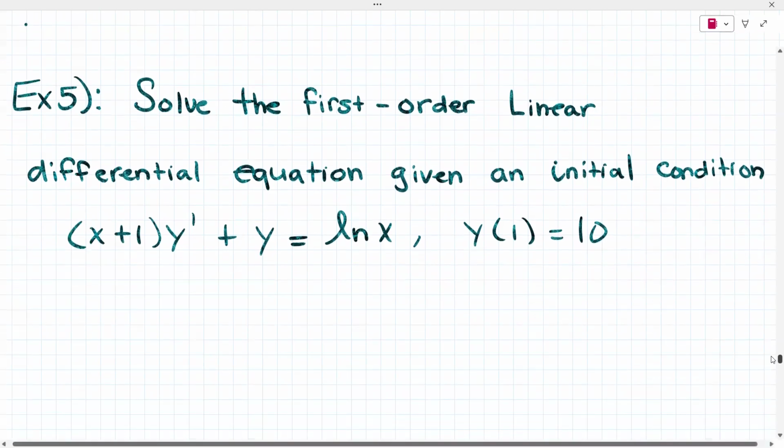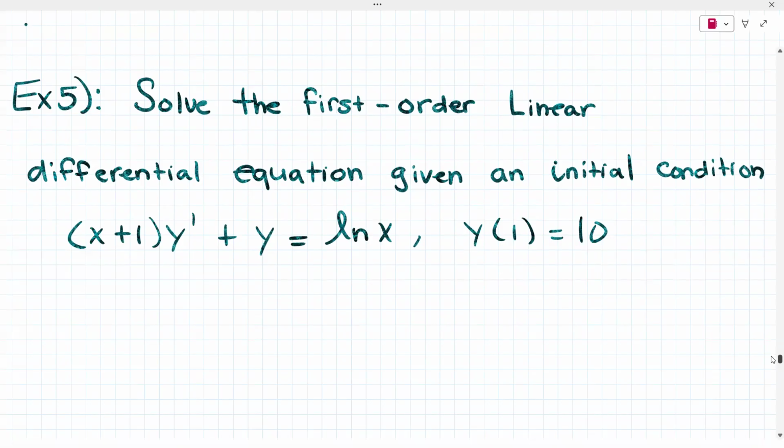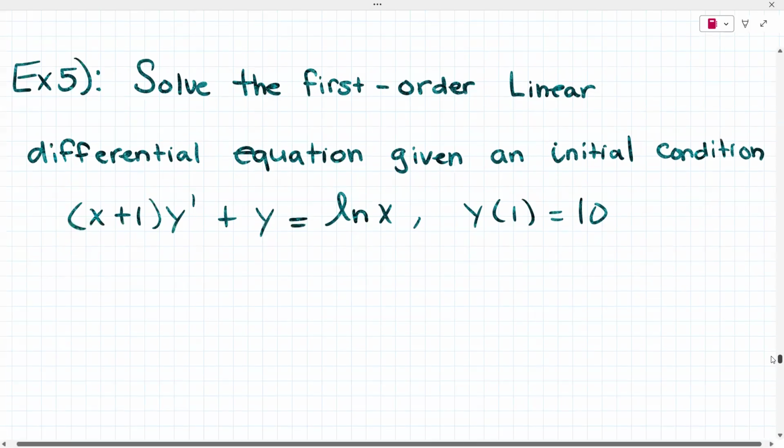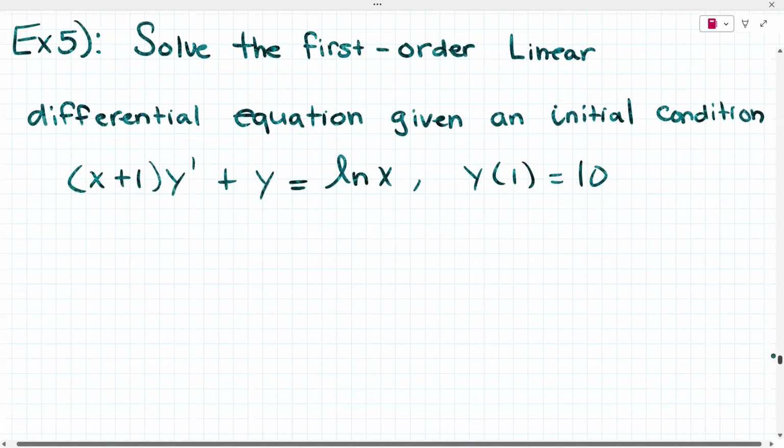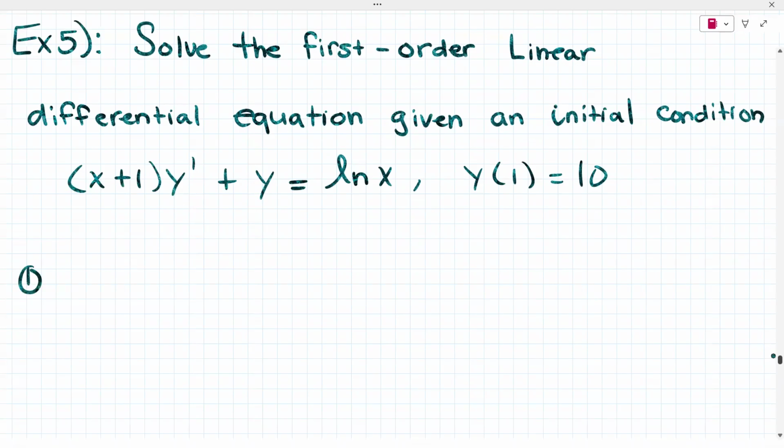So we have x plus 1 times y prime plus y equals ln of x, where y of 1 equals 10. So we have an initial condition. So step 1, first step is solve for dy dx. Put it in the form.